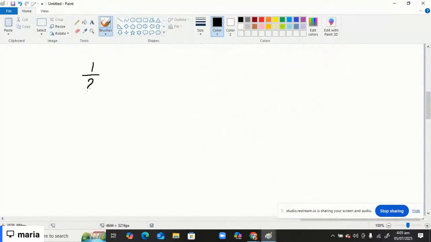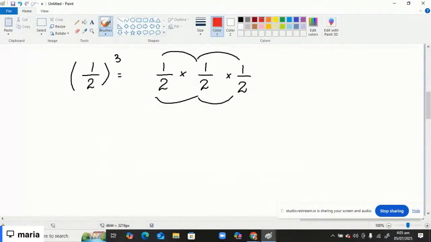So 1 by 2, then 1 by 2, then 1 by 2. Top numbers multiply with each other, bottom numbers multiply with each other. So 1 times 1 times 1 is 1, 2 times 2 is 4, 4 times 2 is 8. So 1 by 8 is the answer of this exponent.